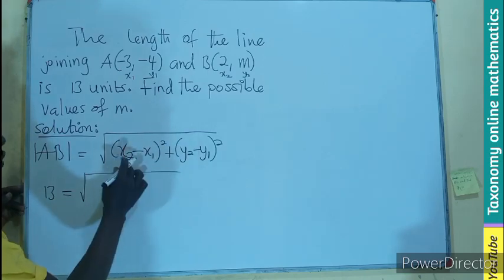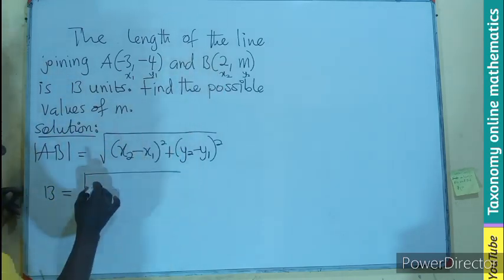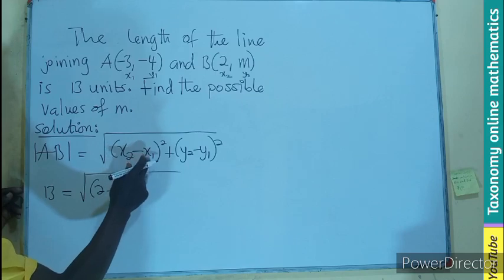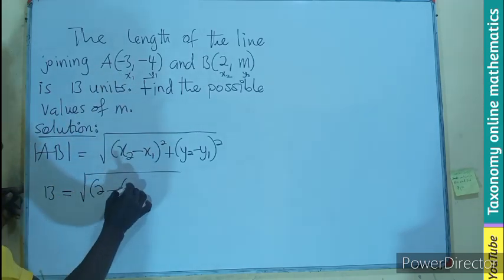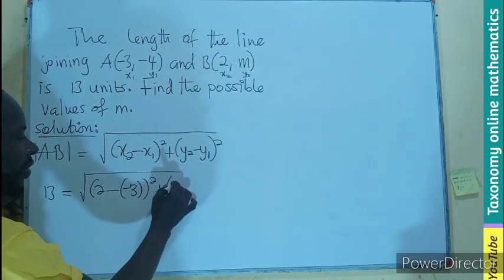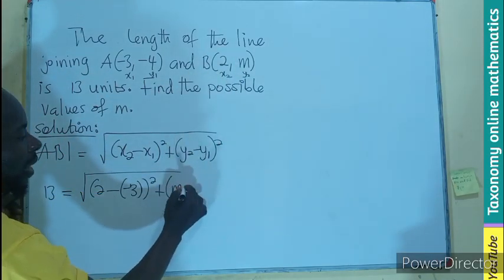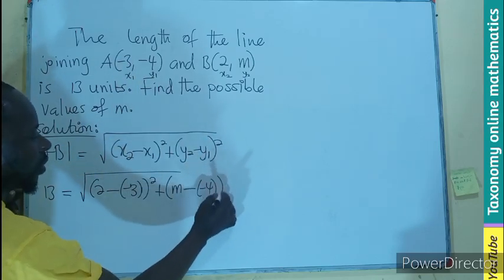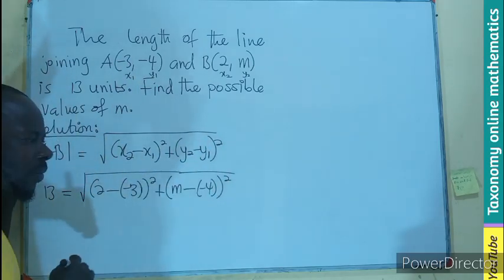the square root of x2, in this case 2, minus x1, which is -3, all squared, plus y2, which in this case is m, minus y1, which is also -4, then we square it.